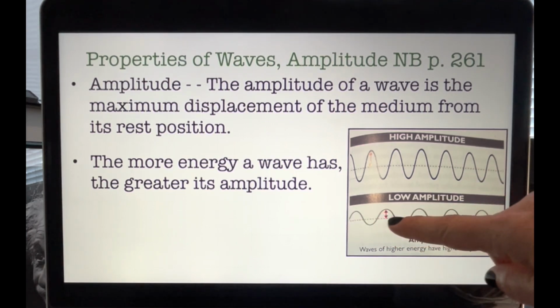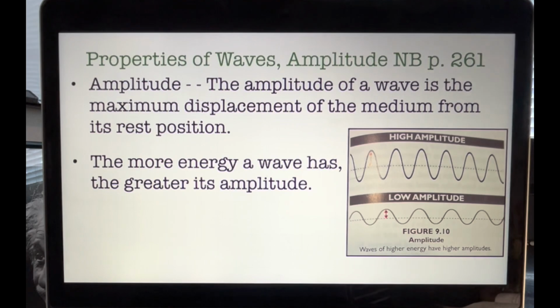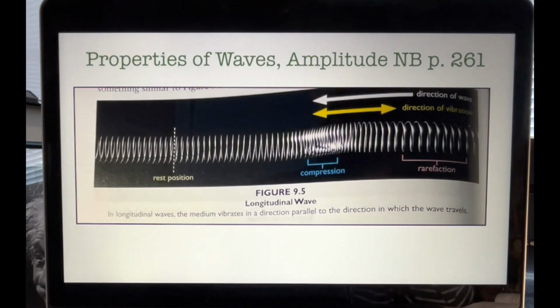Down here, we have the rest position, and it's a lower amplitude, so it would just be from here to here or from here to here. Transverse waves with two different amplitudes are shown in figure 9.10. In other words, amplitude is the distance from the rest position to a crest or a trough.